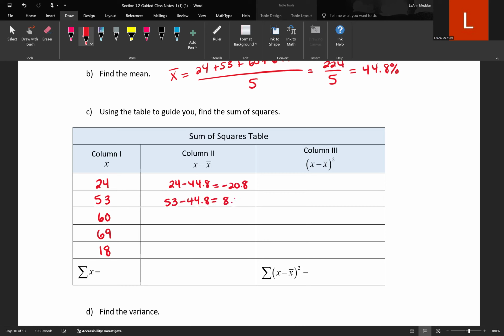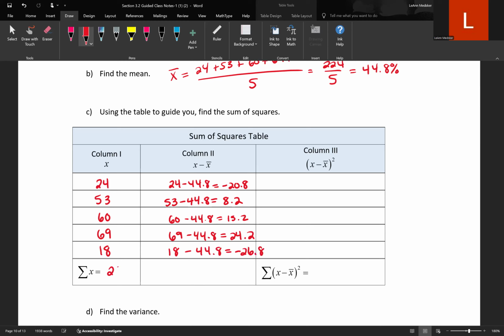That's going to be 8.2. 60 minus 44.8. Notice we always use the mean for that subtraction part. Is 15.2. 69 minus 44.8. That's going to be 24.2. And then 18 minus the 44.8 is going to be negative 26.8.